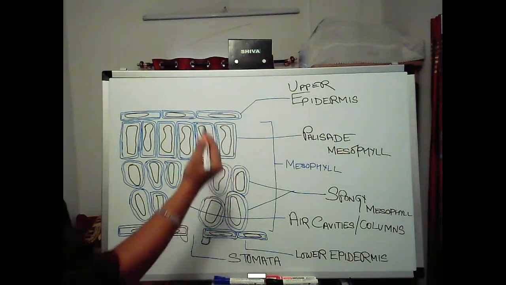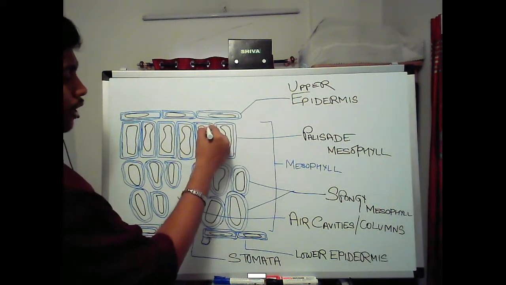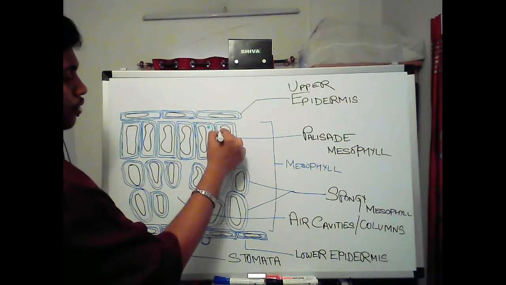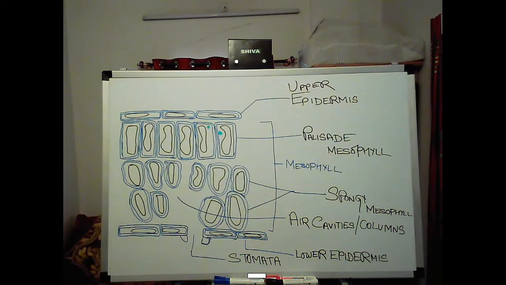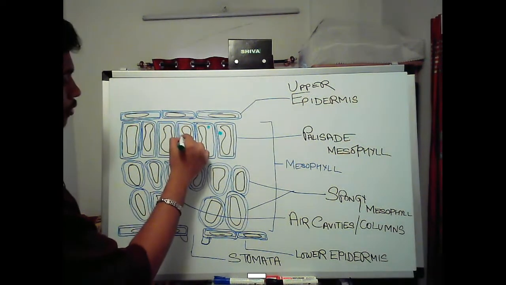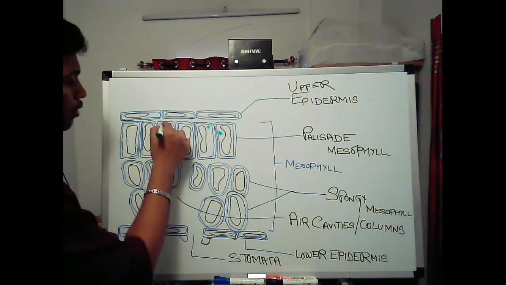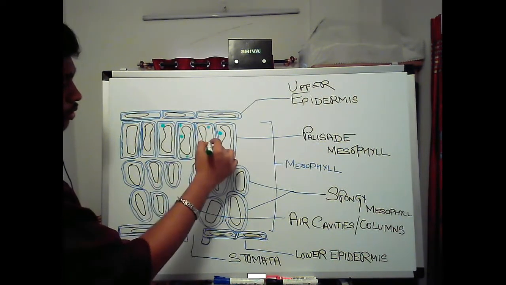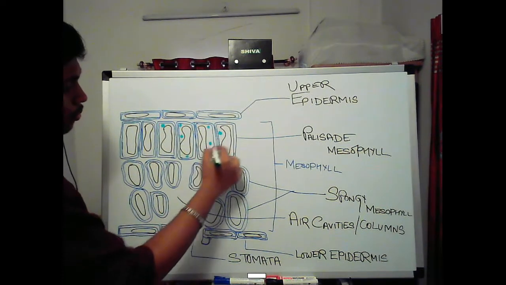If you remember the cell diagram, beside there you will find chloroplast. I hope the green color is being seen. Chloroplast over here, not only one, there will be many. The green ones are the chloroplasts.